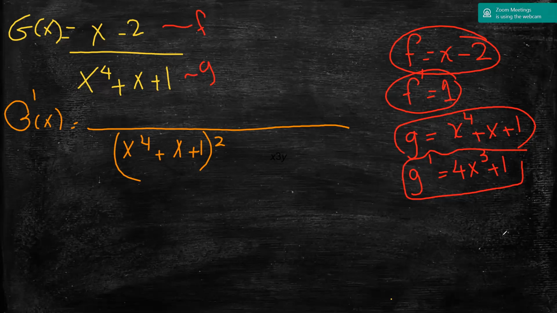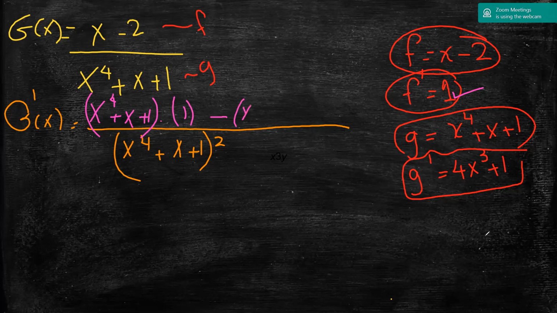Up, I will write g, which is x raised to the power 4 plus x plus 1, times f prime, times 1, minus. So we say g f prime minus f g prime. Where's f? It's x minus 2. And g prime is 4x cubed plus 1.